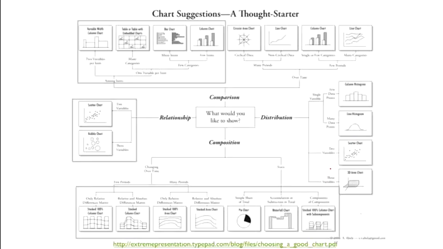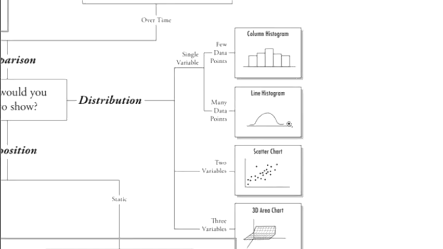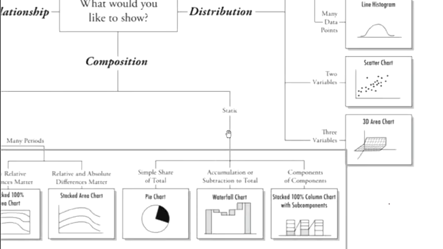There are numerous graph types that are optimized for different types of information. If you look at these over here, you see that in case you want to show distribution of data, you can create a column histogram, you can have a line histogram, you can have scatter charts or 3D area charts.